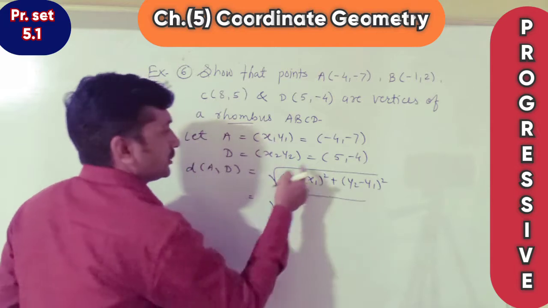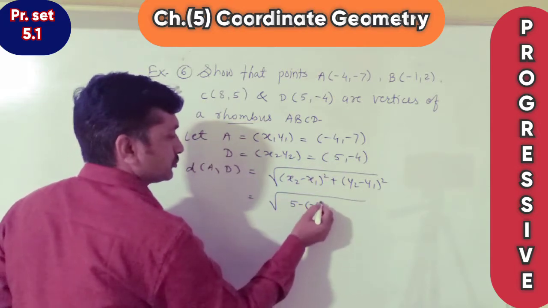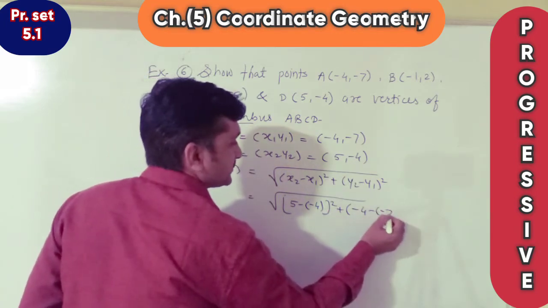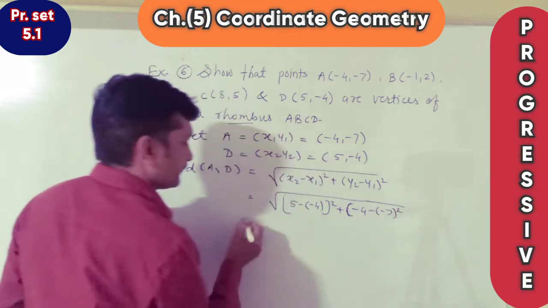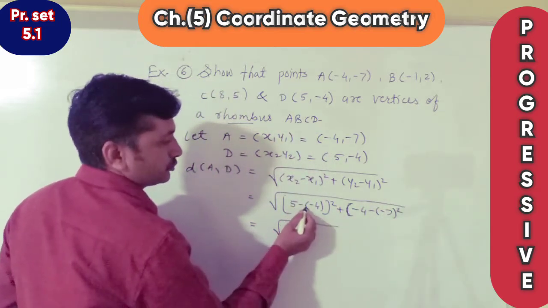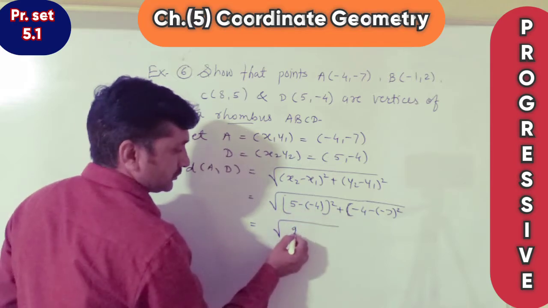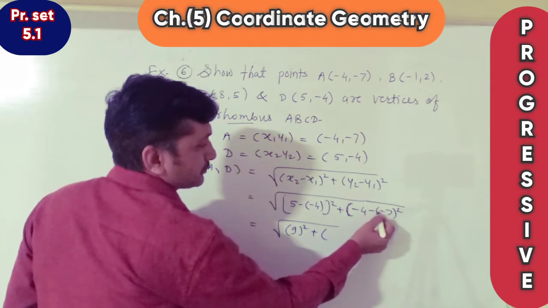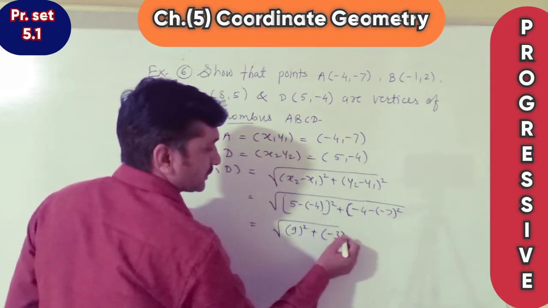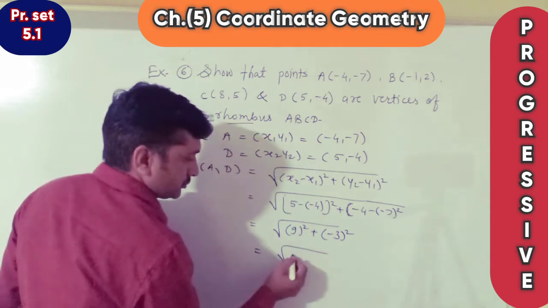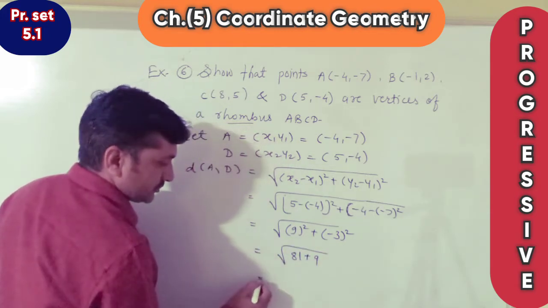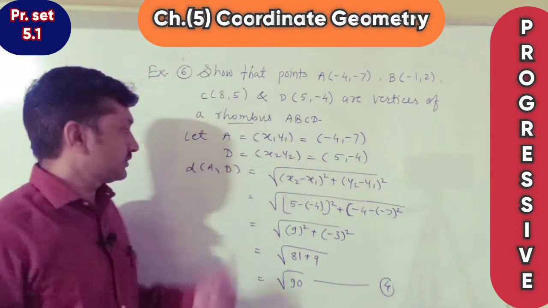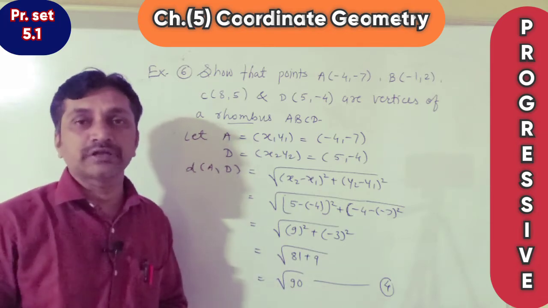Square root of (5 - (-4)) which is 9, bracket square, plus (-4 - (-7)) which is 3, bracket square. Root of 81 plus 9 is equal to root 90. Number 4. Distance AD also we got square root of 90.